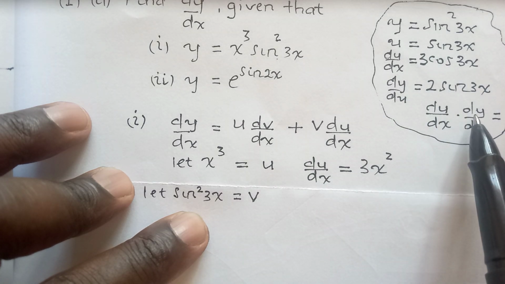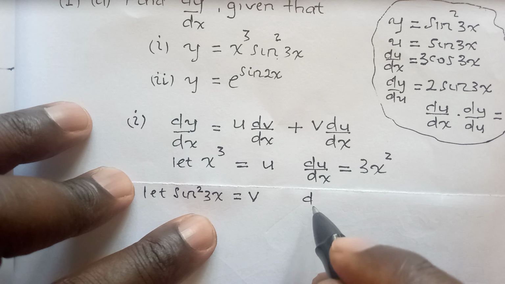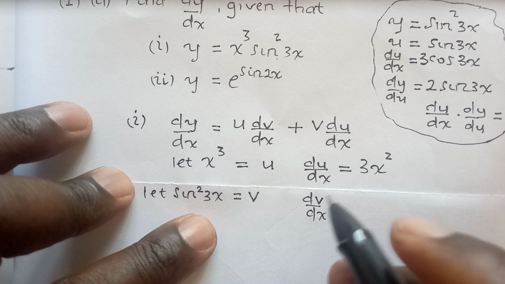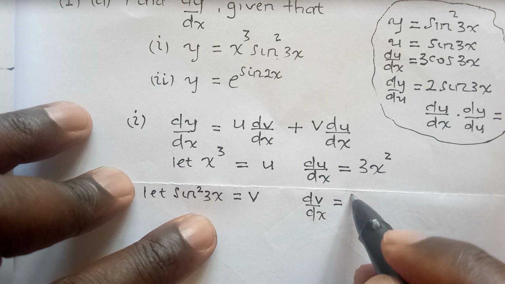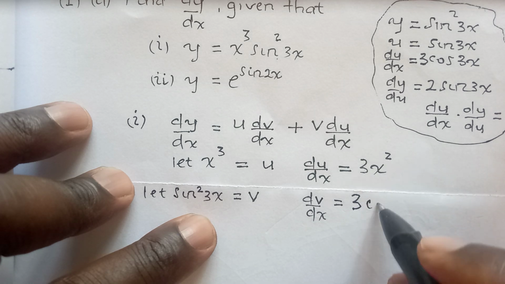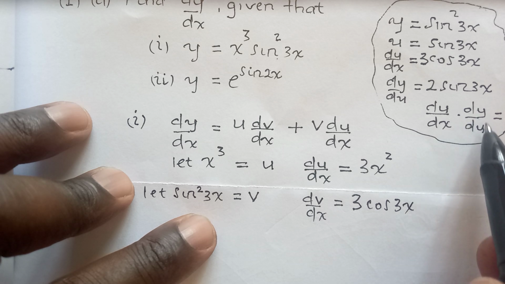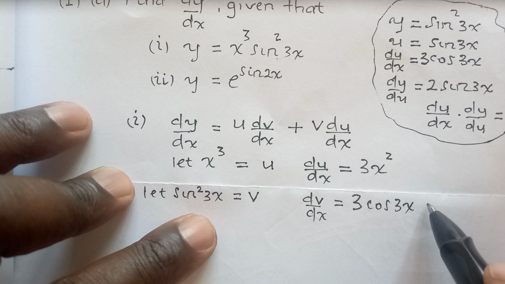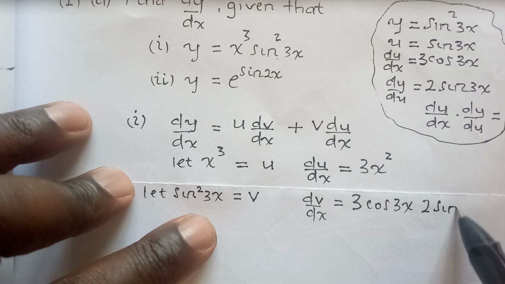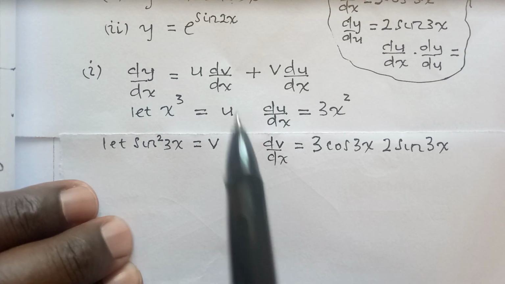But finally our differentiation dy/dx is like our dv/dx here. So dv/dx is going to be equal to, now we write du/dx for this one, 3 cos 3x, multiplied by dy/du, which is 2 sine 3x, like that.